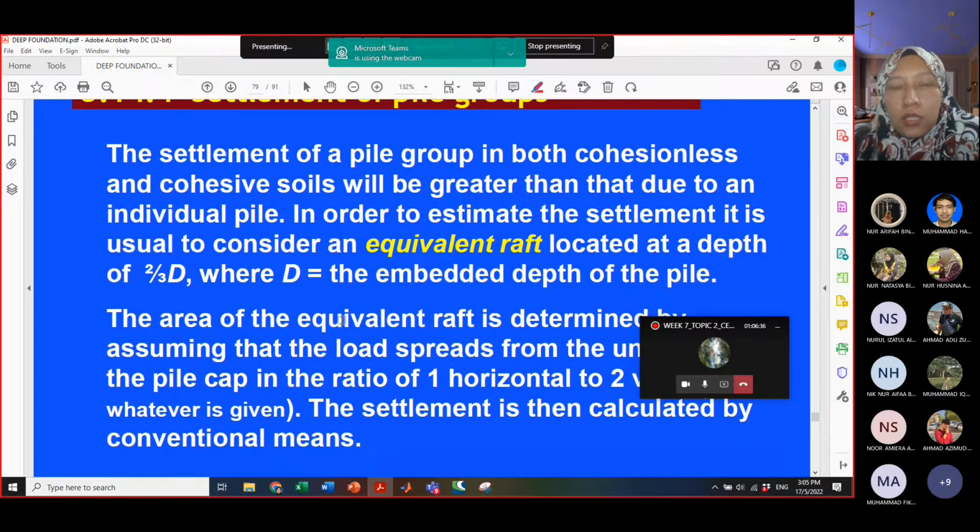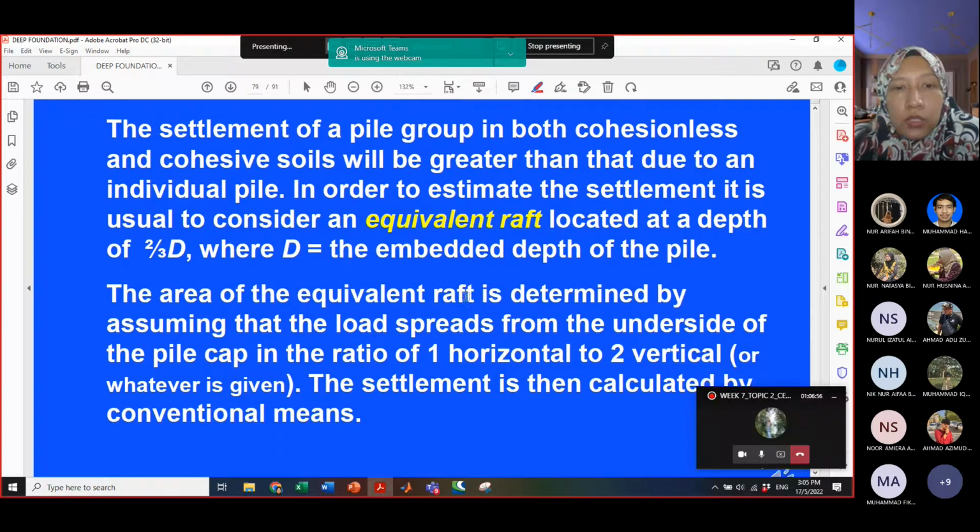So what I have shown just now is part of the settlement calculations, where we want to estimate, from 2/3 of the embedded depth of the pile, how much the settlement is that occurs due to the pile group.